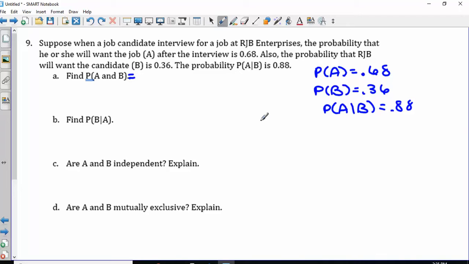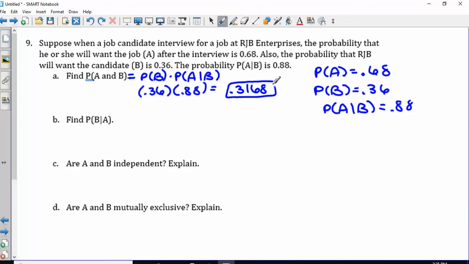So probability of A and B. They aren't independent, so we have to use our general multiplication rule. We've talked about different ways. Since we have A given B, the first thing we multiply by has to be the probability of B. So the probability of B is 0.36 times the probability of A given B, 0.88, and that gives me 0.3168.